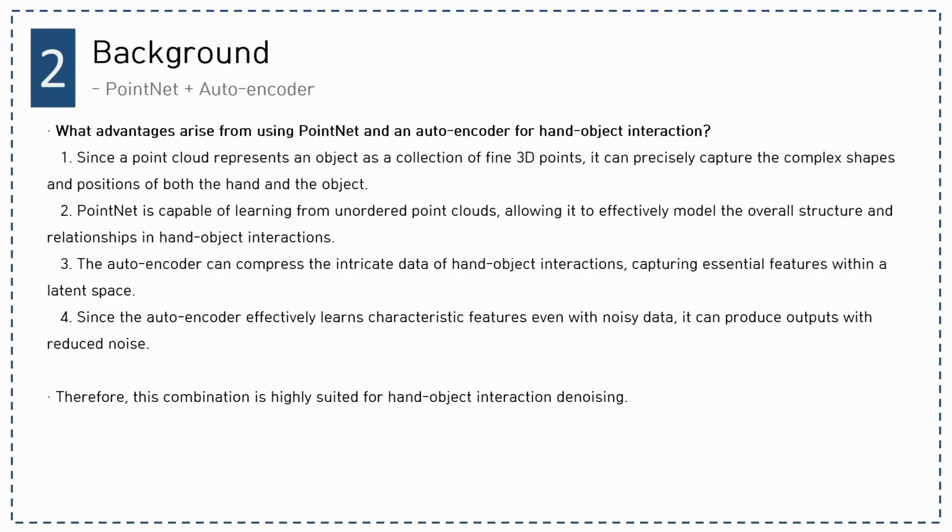Third, the autoencoder can compress complex hand-object interactions while retaining key features. Lastly, the autoencoder can denoise data by effectively learning features even from noisy data. This makes it highly suitable for hand-object interaction denoising.